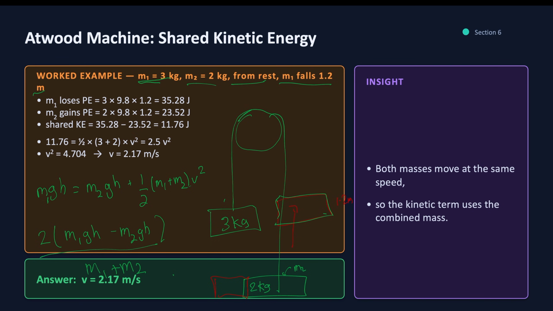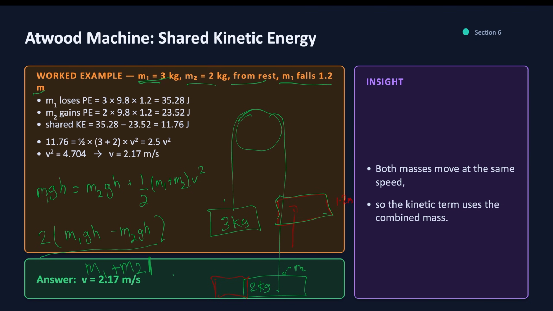Okay? So, in other words, let's pull out a calculator and do it. 2 times m1, which is 3, times gh, which is 9.8 times height of 1.2. That's subtracting 2 kg times 9.8 times 1.2. Okay? Which is 23.52. Yeah? And then that divided by m1 plus m2, right?